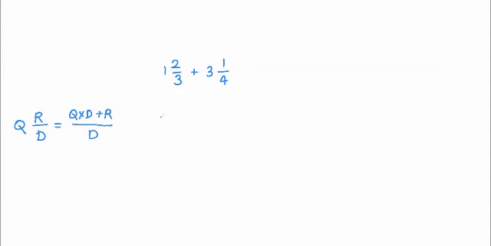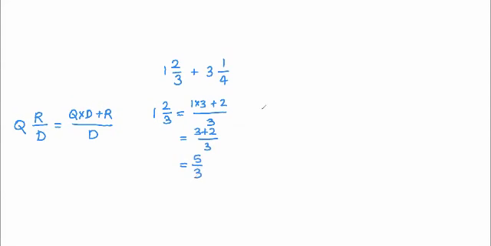So 1, 2 upon 3 is equal to 3 into 1 plus 2 upon 3. As per BODMAS, first comes multiplication. So 3 into 1 is 3. 3 plus 2 upon 3, which is 5 upon 3.